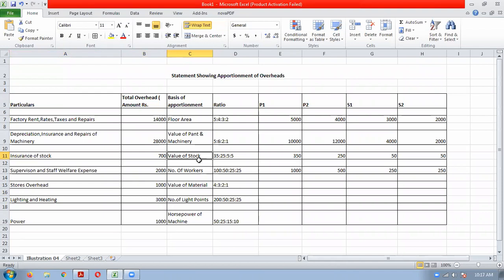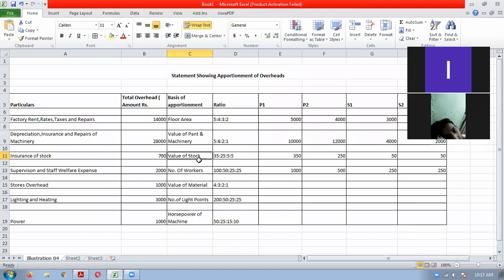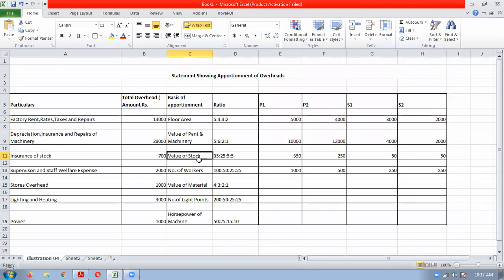Now we have applied logic because we have solved the full question. But if an MCQ comes, there also you can apply logic because you will have 4 options. Suppose stores overhead is given. How will it be apportioned? And 4 options will be given. So if value of material is there, you should select that right answer. Clear?